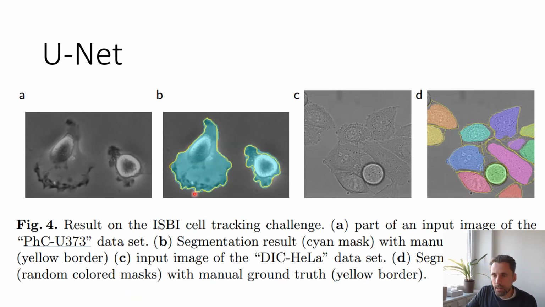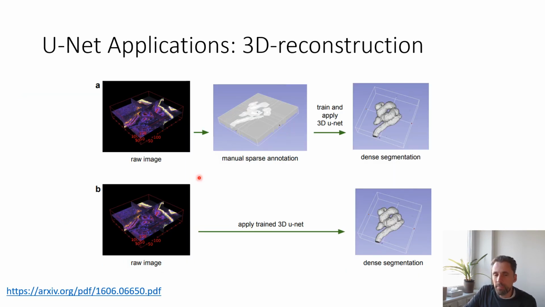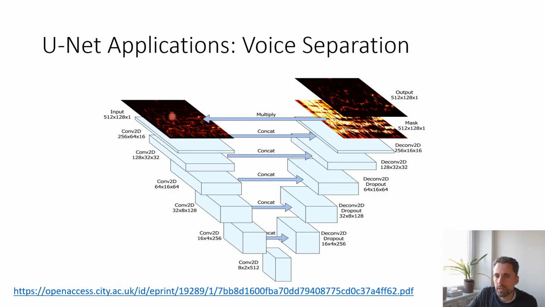UNet, as I said, was tested with those cell segmentation tasks, but it also has found many applications outside this domain. So, for example, for 3D reconstruction, so you can have objects segmented out of multiple recordings. It also has been used, for example, for voice separation.